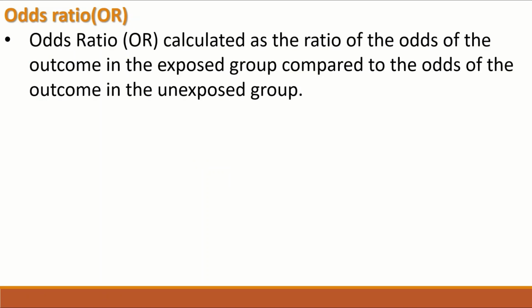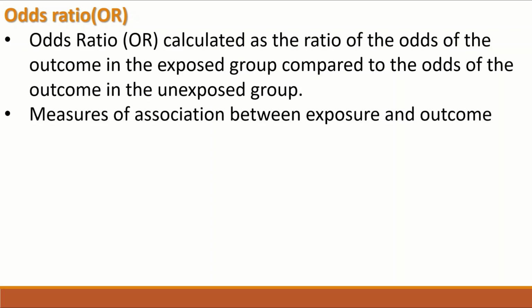What is odds ratio? Odds ratio is calculated as the ratio of the odds of the outcome in the exposed group compared to the odds of the outcome in the unexposed group. So the odds ratio is an estimate of the effect size that measures the level of association between exposure and outcome.